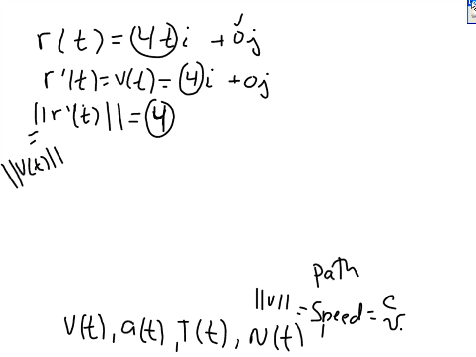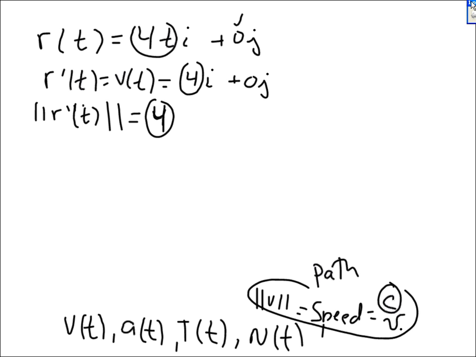It's a constant. It's never changing. If it was 4t, well, as t got bigger and bigger, the magnitude would get bigger and bigger. But the speed is just 4. It's a constant. So we answered the speed question.